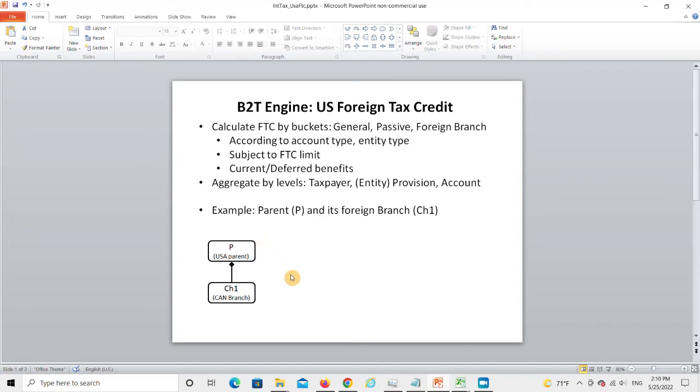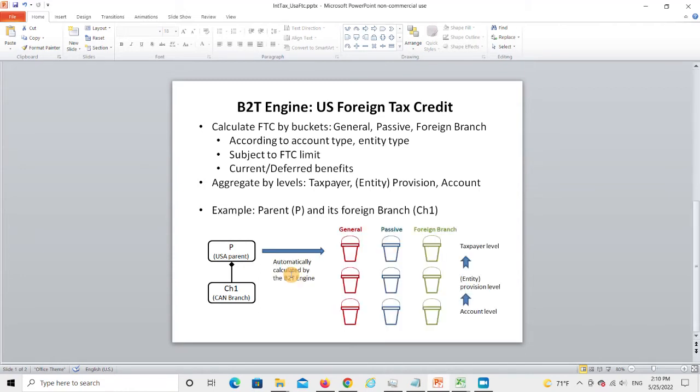Now, just very quickly, the FTC calculation really involves, in a great deal, aggregating those FTC data, and the FTC data are the foreign income and the foreign taxes from those foreign income. And the calculation is done by the bucket. In the US, we have 3 buckets: general, then passive, and foreign branch now are in its own separate buckets.